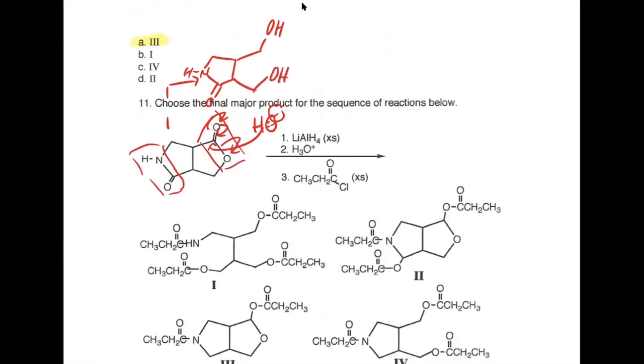So we have these two arms coming off, okay? And then in addition to that, we have the amide. And so to deal with the amide, like you said, it's a strong reducing agent. So it's going to reduce the amide as well, but it's going to reduce it in a little bit of a different way. What do you think?